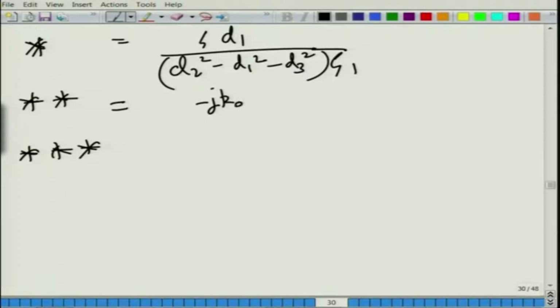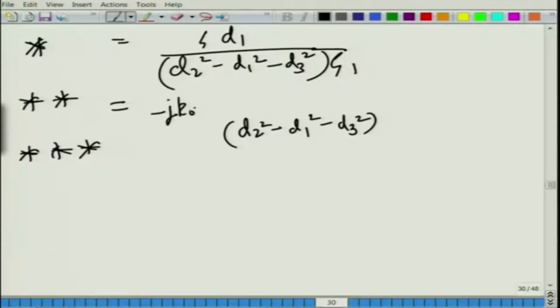In some other books, people have put the full thing here and then put this kind of a thing, and then there are some typographical errors which would completely corrupt the result. So, be mindful of that. It is really something like minus j k naught is a separate entity, otherwise dimensionality wise also it will not be correct. So, minus j k naught is separate, let me write it a bit more separate.